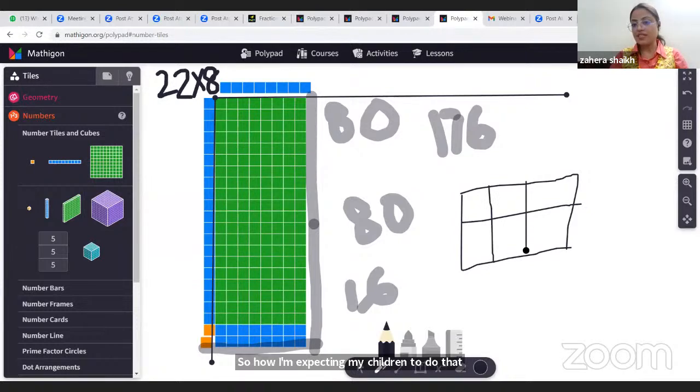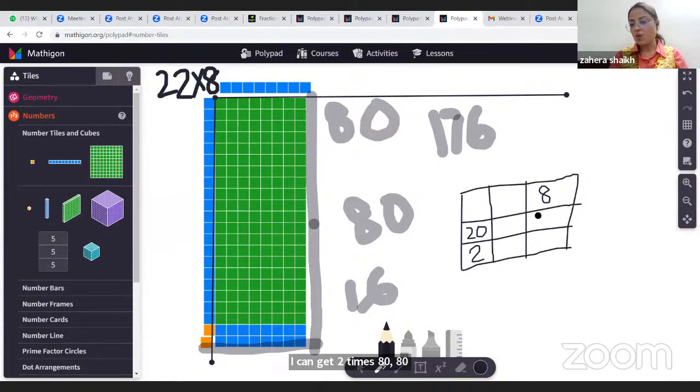So they can represent this number operation like this. On the top, I can see 8 ones. There is no tens, so I will write 8 over here because the tens place is empty. And I have 20 vertically, and at the bottom I have 2. So now if I multiply this 20 with these 8 unit blocks, I get 2 times 80, 80.